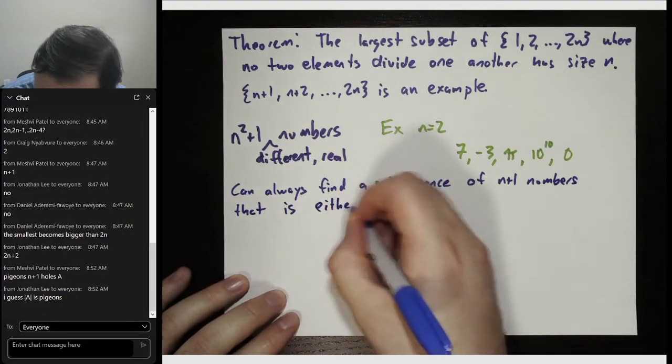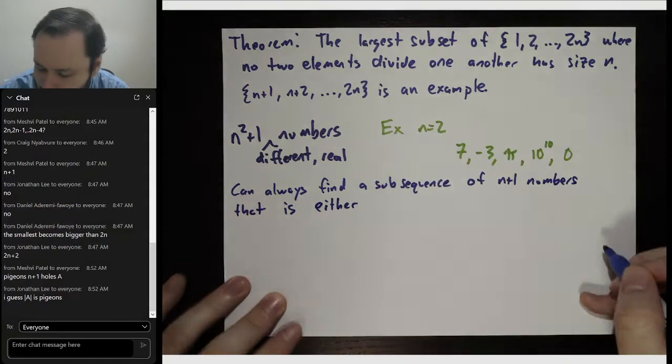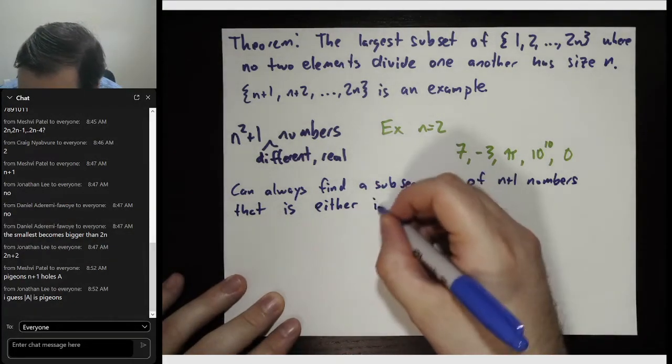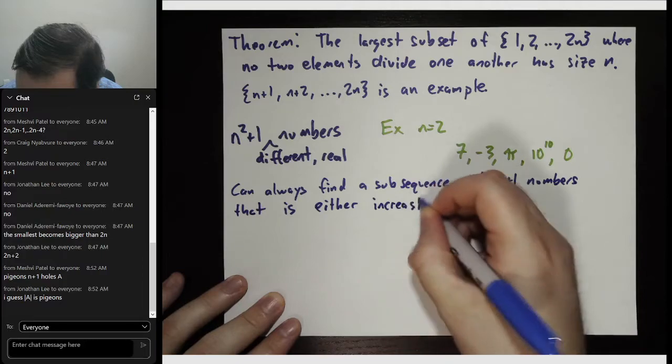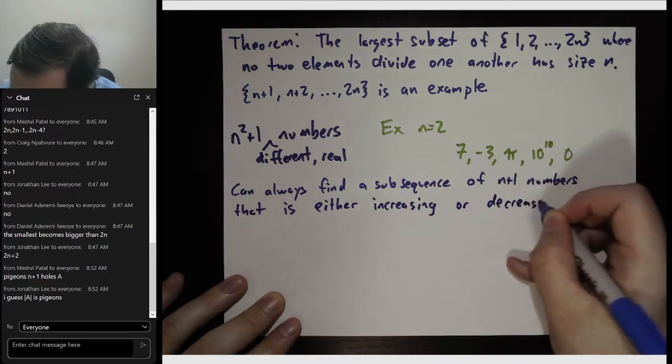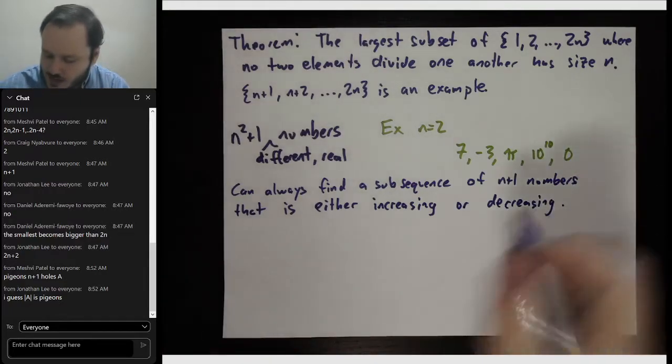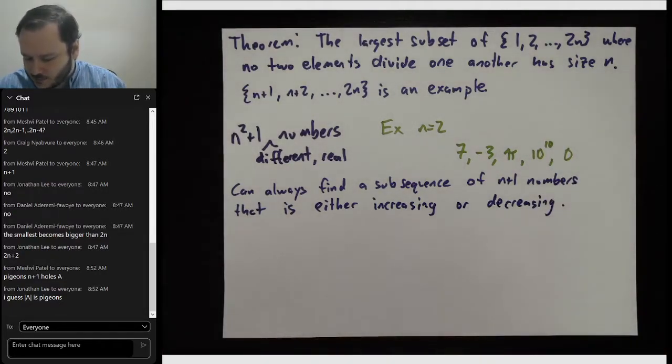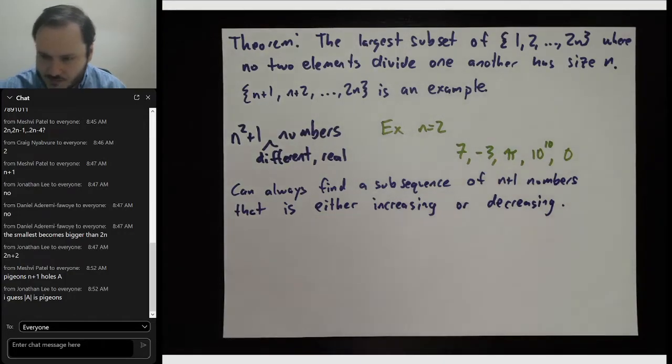It's either increasing the whole time or decreasing the whole time. So in my example, n plus 1 equals 3, I should be able to find 3 numbers that are all increasing or 3 numbers that are all decreasing. And in this case, I actually have both.